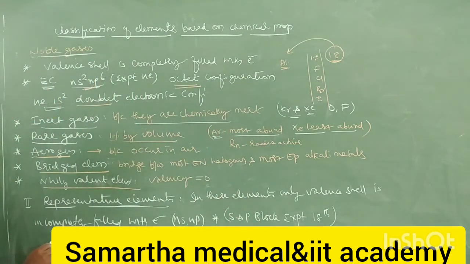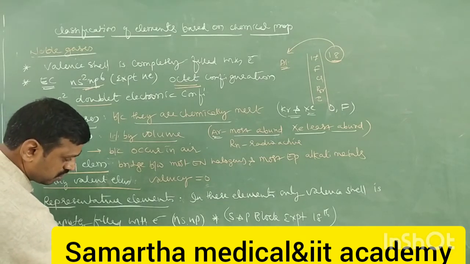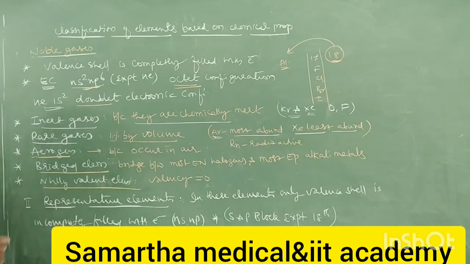Which groups? First group, second group, 13th group, 14, 15, 16, 17, not 18. So the 1, 2 and 13 to 17 group elements are representative elements.